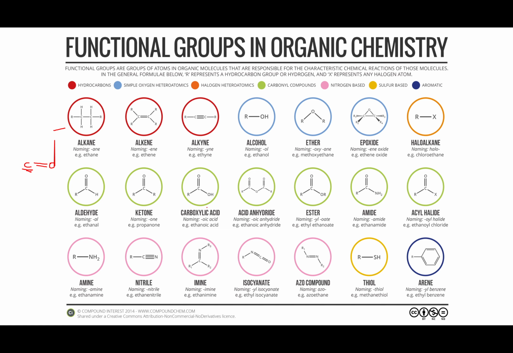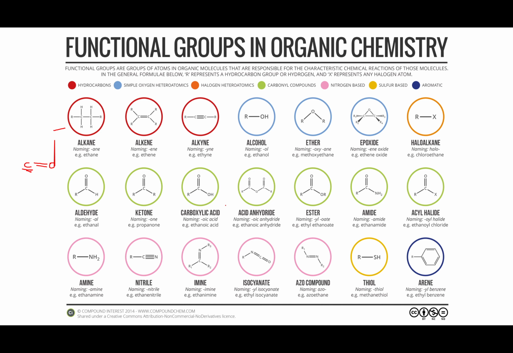Another one that we have is carboxylic acids. Carboxylic acid is characterized by this functional group: a carbon-to-oxygen double bond, and attached to that same carbon is the OH group. So this is a carboxylic acid. We also have acid anhydrides. Acid anhydride, ester, amides, and acyl halides are derivatives of carboxylic acid.